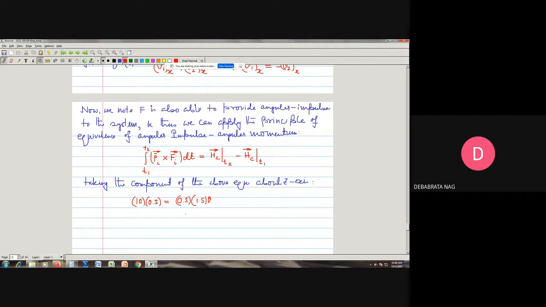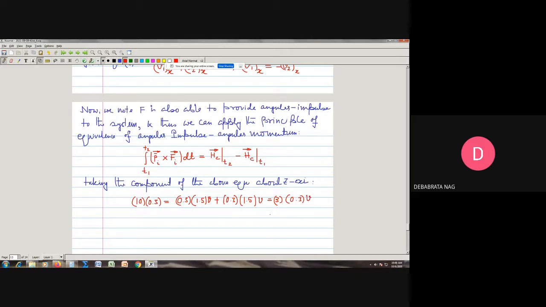So we see that this is 0.3 into 1.5 V, plus another 0.3 into 1.5 V, not 0.3 square, sorry. So this is going to be like that. It means that it is essentially 2 into 0.3 into 1.5. So we can write this is essentially 3 into 0.3 into V.